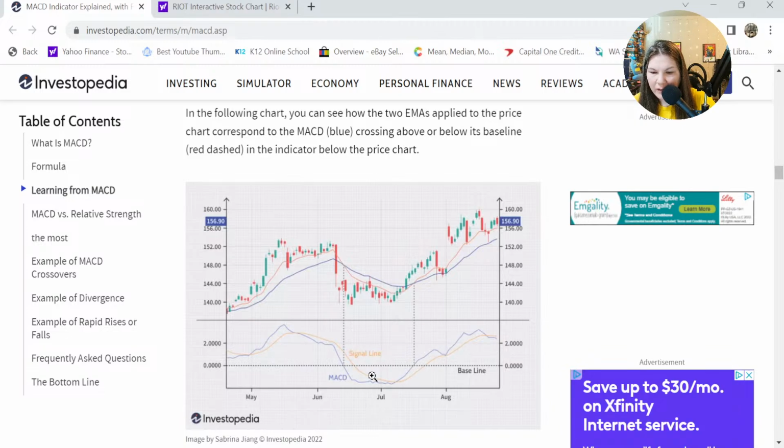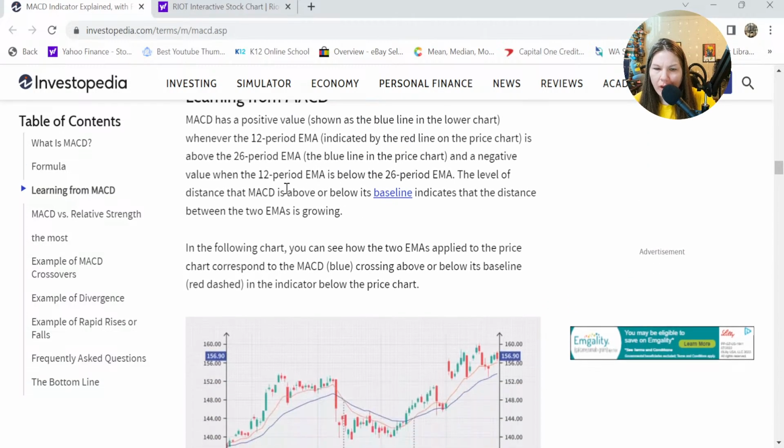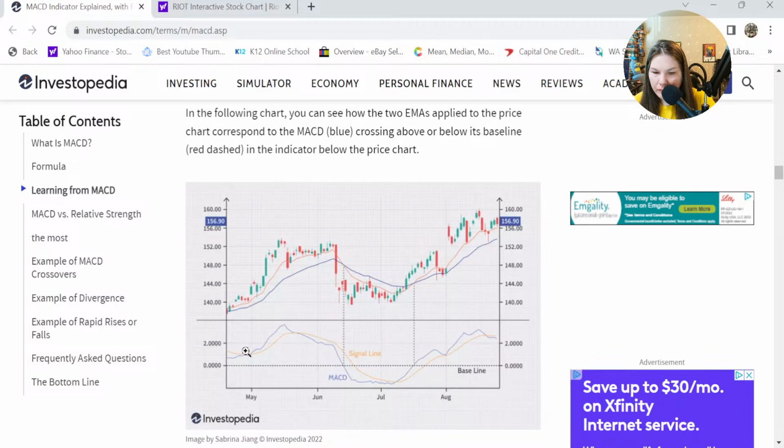Okay. I wish the MACD line laid on top of this. I'm not going to lie, I like that better. Okay, so let's read that one more time. MACD has a positive value, shown as the blue line in the lower chart. So, positive value.